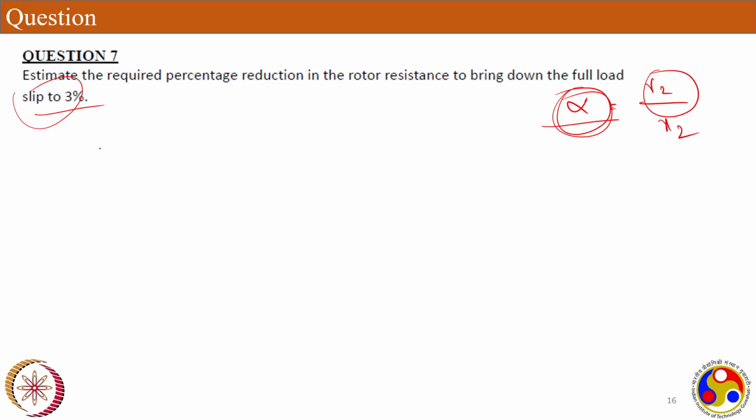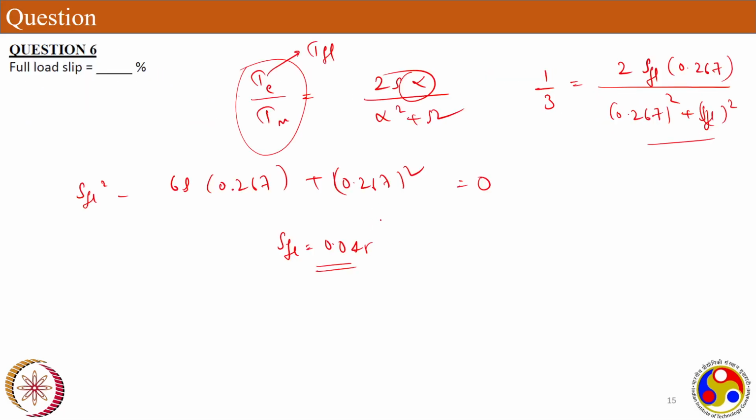So what I'm saying is, you were given a new full load slip, that is 3%. From the previous problem, you have this relation: S_FL squared minus 6 S_FL alpha plus alpha squared equals 0.